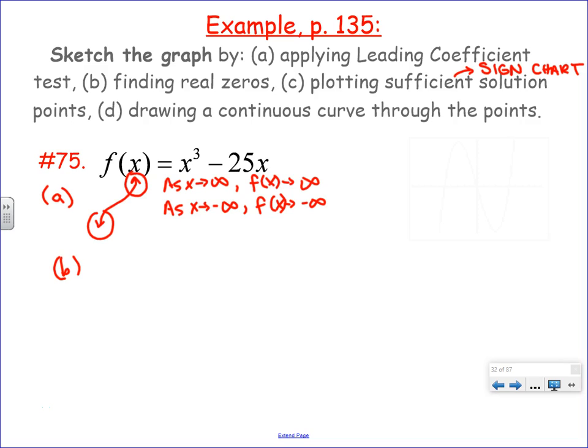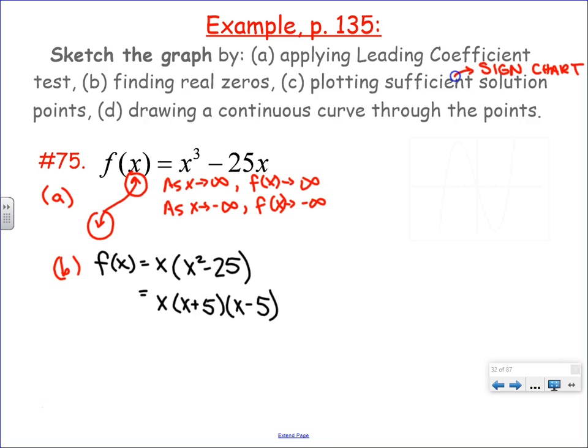Letter B says find real zeros, aka what's the first thing you should do? Factor. So take out the x. You get x squared minus 25. Keep going. It's a difference of squares. What do you get from this?